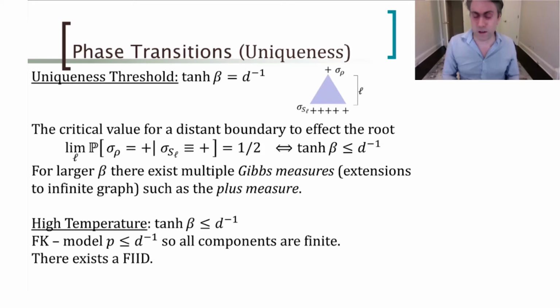There are factors of IID in this case, and in fact there's quite a number of different constructions, and maybe the simplest one is just through the FK model. You just do percolation on the edges of the tree, so keep them with probability tanh of beta, and that splits it into components that are all finite almost surely, because you were in the subcritical regime of branching processes. That sort of independent percolation is definitely something that you can do as a factor of IID.